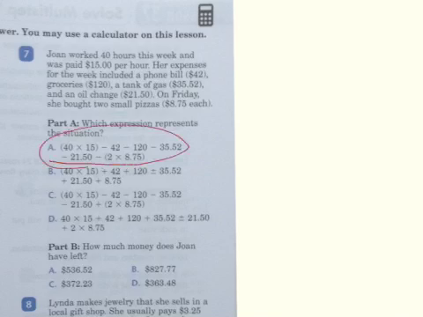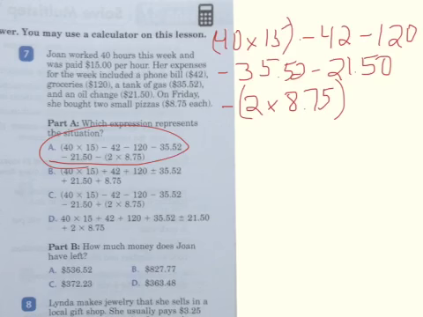Now part B, it says, how much money does Joan have left over? So first off, we're going to work this problem out using our order of operations. We're going to simplify within the parentheses first, and then we're going to subtract in order from left to right. So let's say 40 times 15 is going to give us 600.